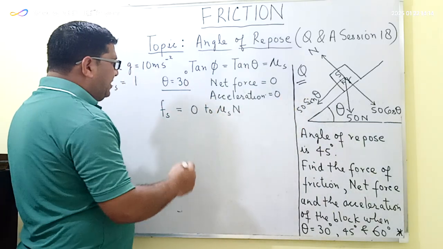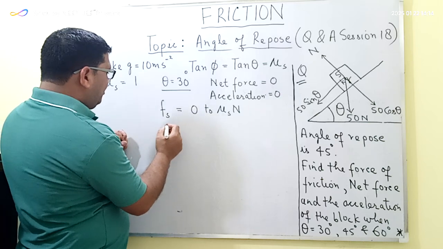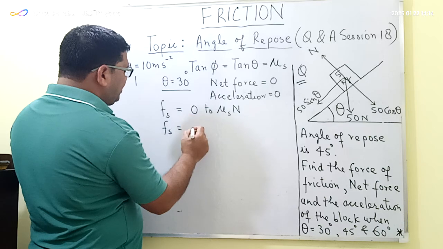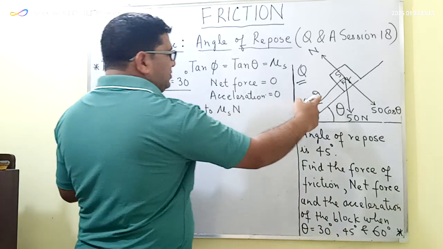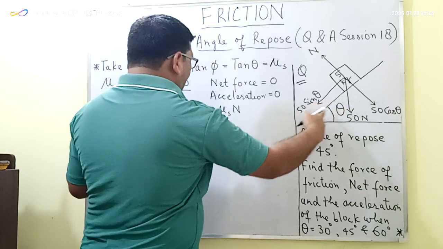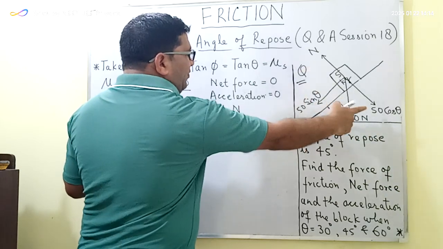So in the case of theta equal to 30 degree, the force of friction will be equal to mu s into N, where mu s is equal to 1, and the normal reaction will be equal to 50 cos 30.